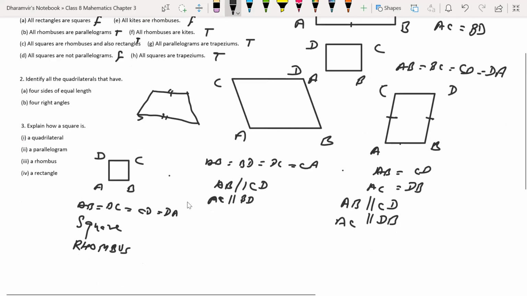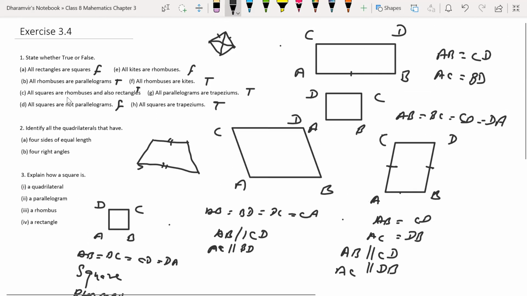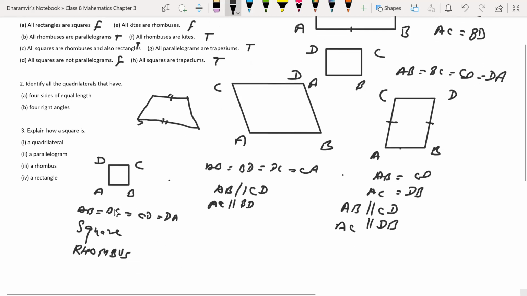So all squares are rhombus, as we have already studied. So four sides of equal length: square and rhombus.